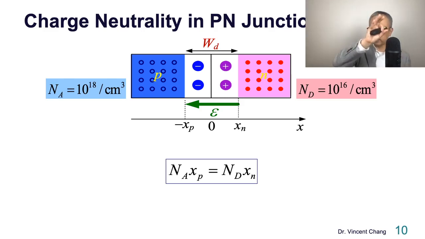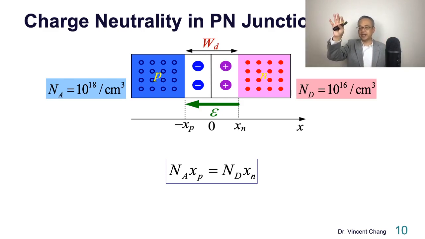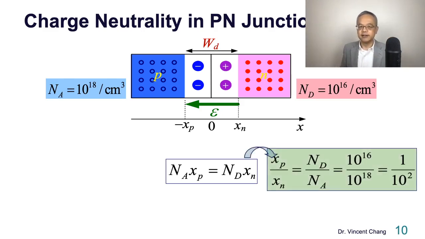So now 18 and 16, that is 100 to 1. And then the ratio between xp and xn will be 1 to 100. So again, 100 to 1, and then 1 to 100.